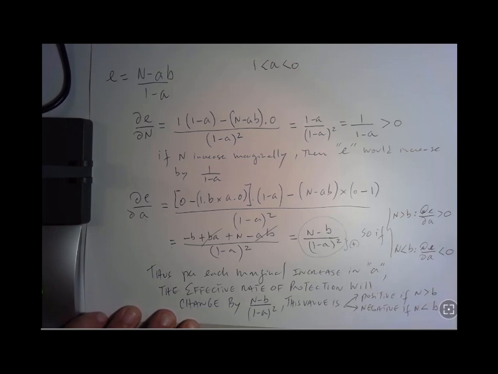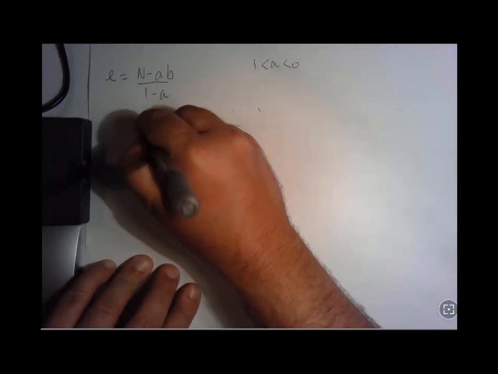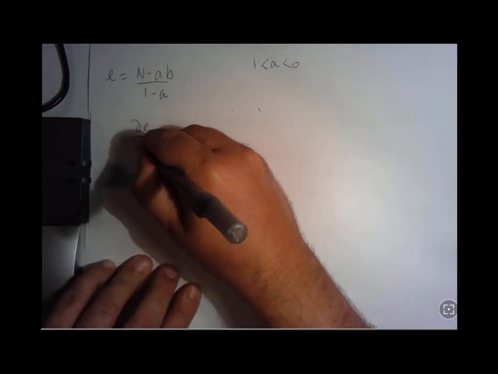The rate of protection will go down if the tariff on the final product is lower than the tariff on the intermediate input. So the last case to contemplate is what happens when there is a marginal change on the tariff in the imported input. So what is the derivative of E with respect to B?